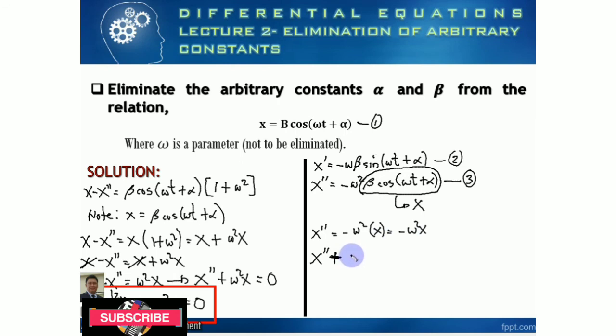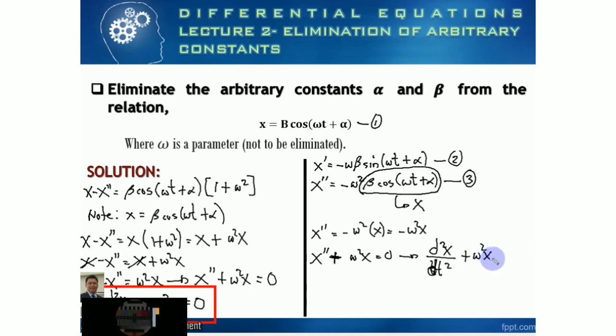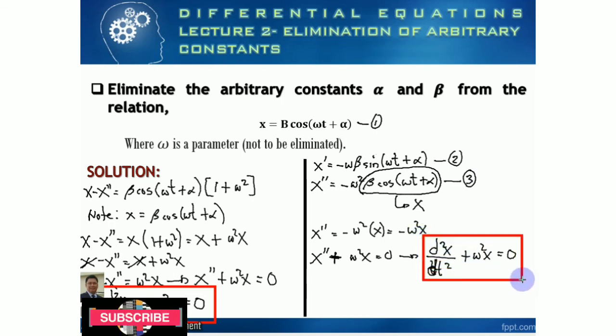This is equivalent to our solution, the second derivative of x with respect to t plus omega squared x is equal to 0, which is still the same as our solution.